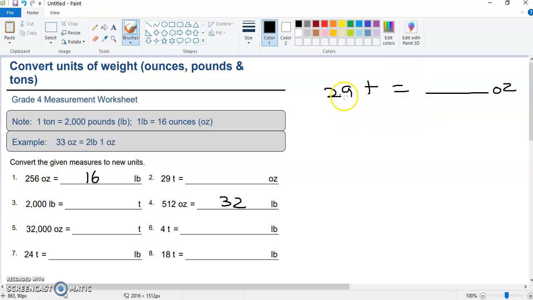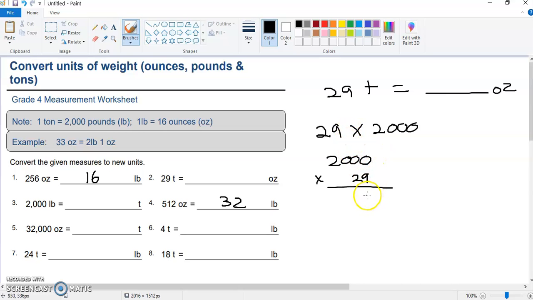So if I have 29 of those tons, how many pounds is that? I think I have to start with pounds. So if I have 29 tons, and it's 2,000 pounds per ton, I have to multiply 29 times 2,000. So let's multiply 2,000 times 29, because that'll tell me how many pounds I have.